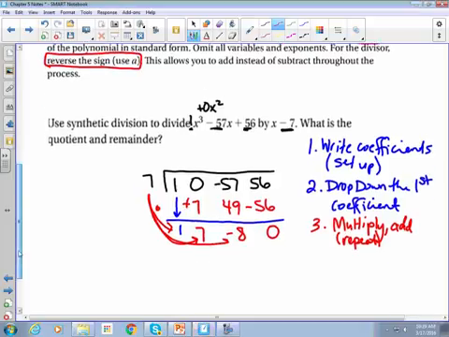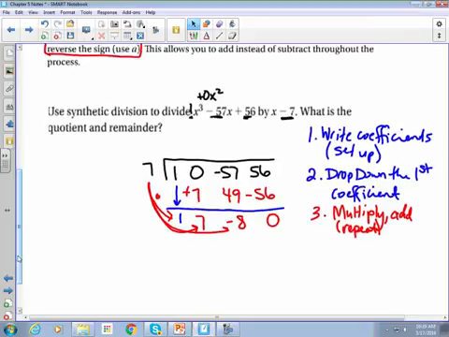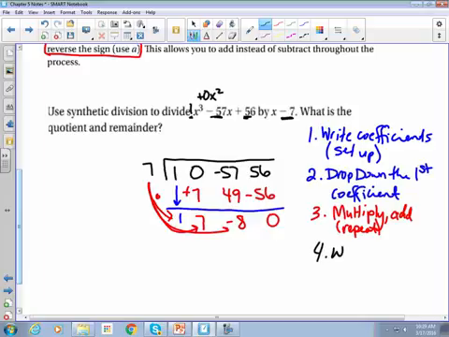The last step is to write the answer. So when we pulled out all the coefficients, your last item, when you get to the end, is your remainder.